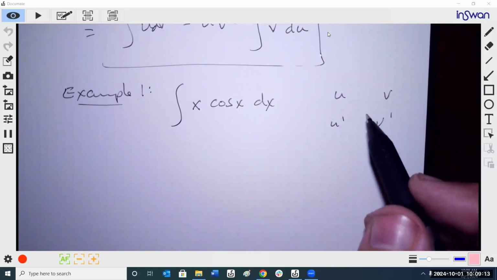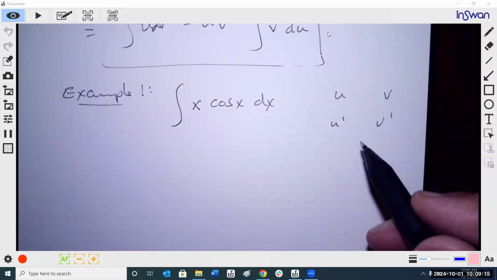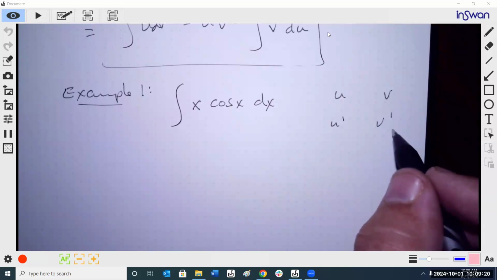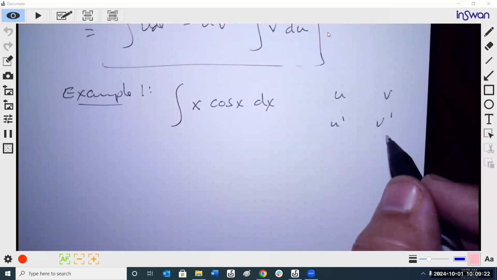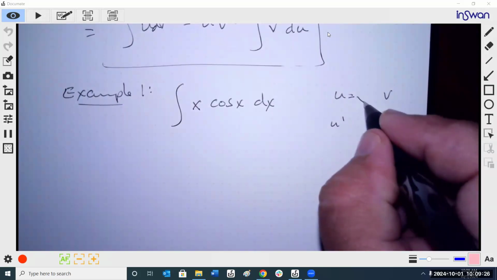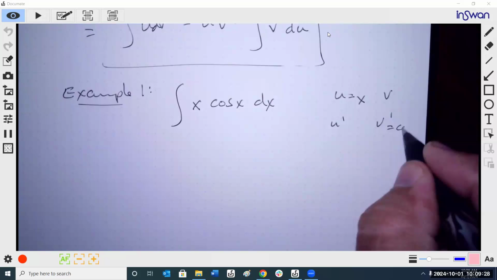The u part is the one that, when you take derivatives, eventually becomes zero. The v prime part is the one that, when we integrate it, goes on forever and ever. So the u will be x, and the v prime will be cosine x.